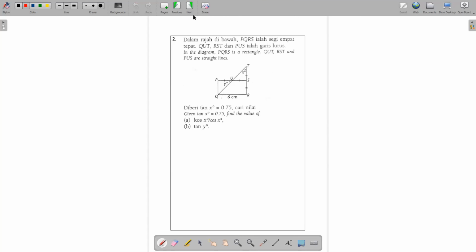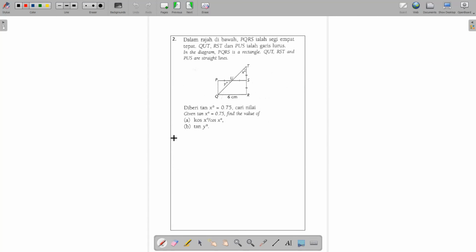So next, we will have some word questions which you will normally get. Given tangent x equals to 0.75, you are asked to find the value of cos x and also tangent y. So before we can find that, we need to find the side value first. What you are given here is only 6 centimeter, and you are also given tangent x 0.75.